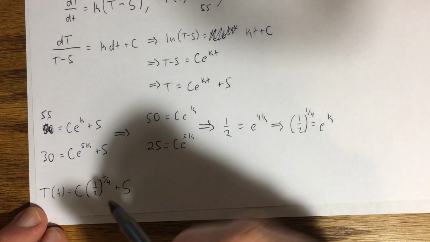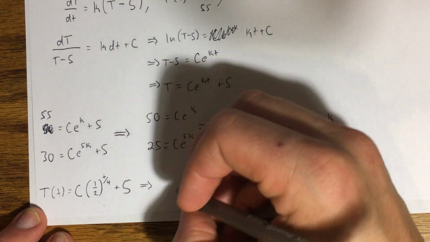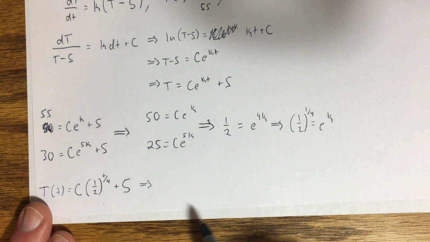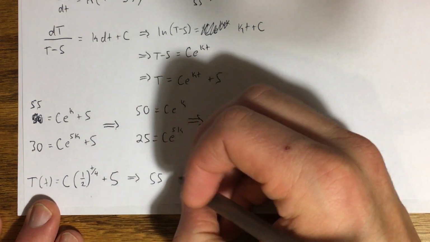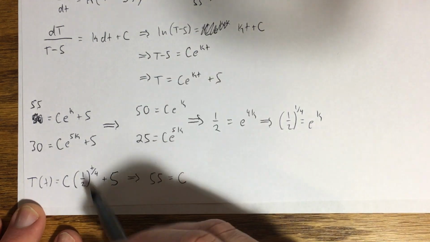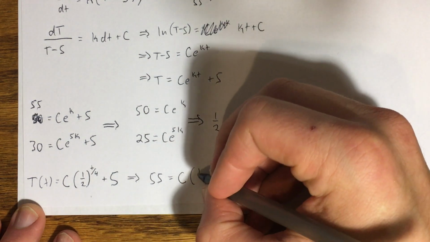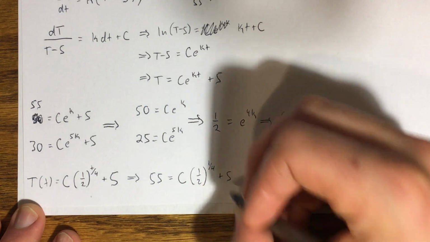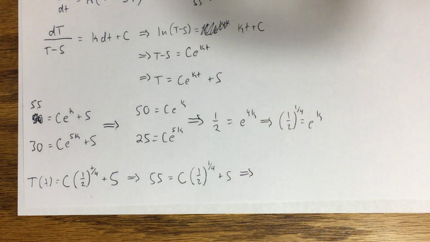If I plug 1 into my function here, I should get 55 again. Remember, at time 1 minute, the temperature is 55 degrees. So using that initial condition again, 55 is equal to c times 1/2 to the 1/4 plus 5.